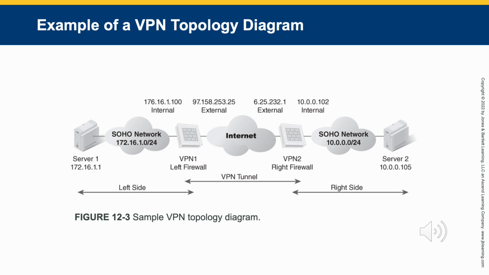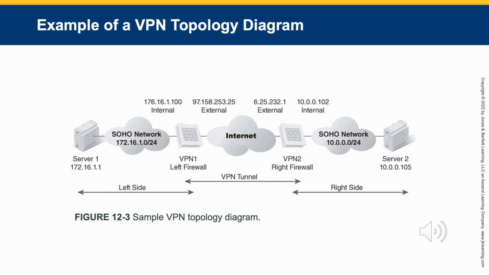Here is an example of a VPN topology diagram. We have a network on the left-hand side of the slide, which is 172.16.1.0/24, and another network on the right-hand side, which is 10.0.0.0/24.